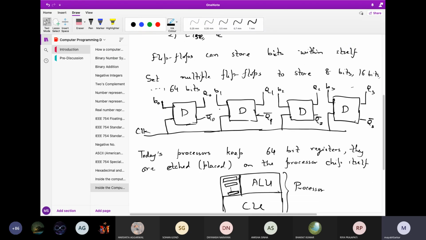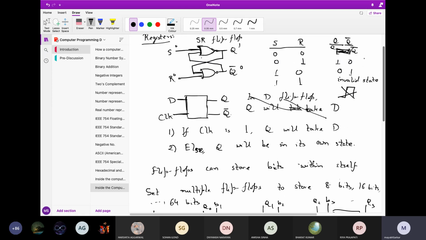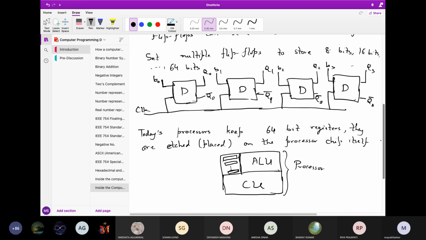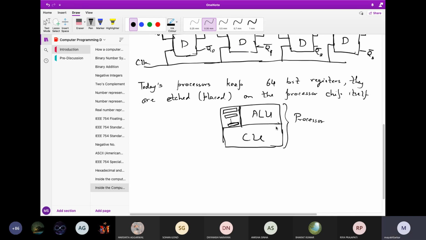But digital circuits can hold data within themselves by putting it into a loop, as you can see here. The signal is going on these lines continuously, and it will be stuck within that particular flip-flop. So these registers can hold data.